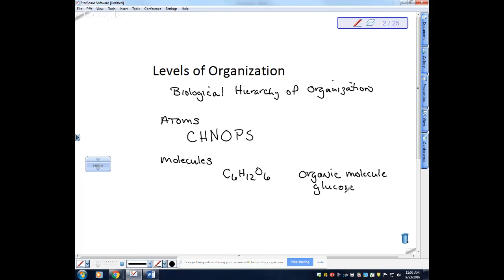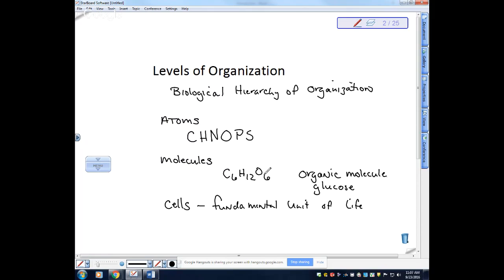The next level of organization would be inside the cells. Actually, let's just go to cells first. We have cells. So that's my next level of organization. And cells are actually the fundamental unit of life. What that means is that molecules are not considered living.